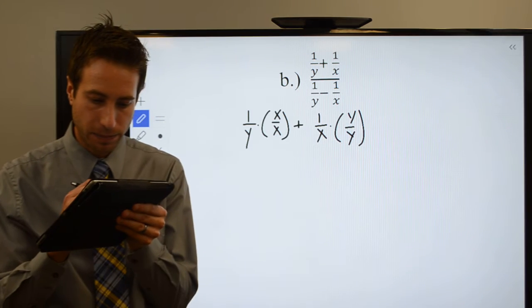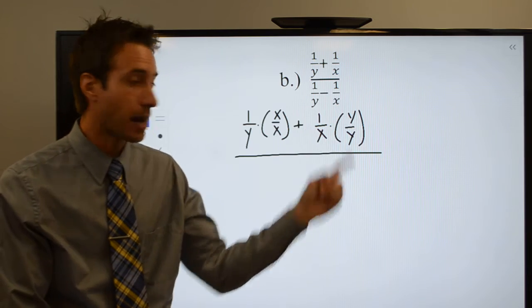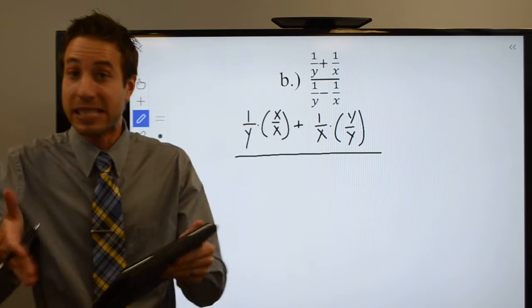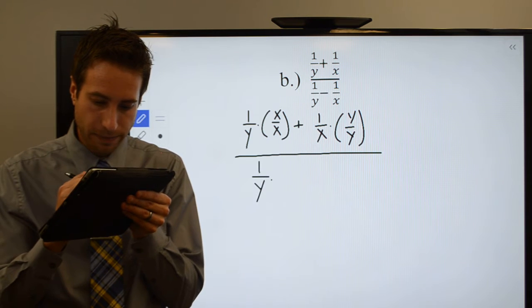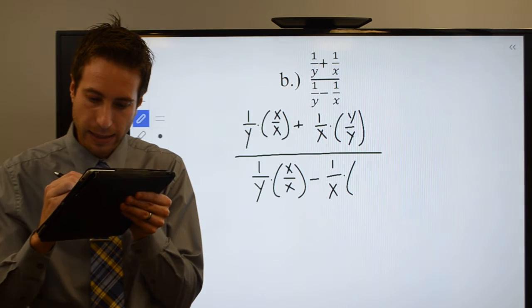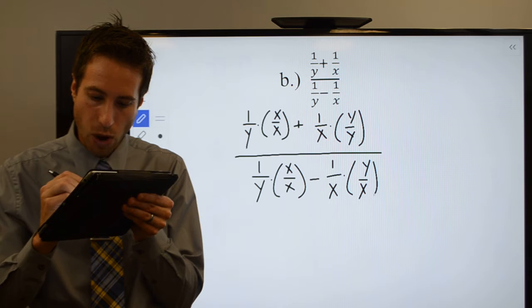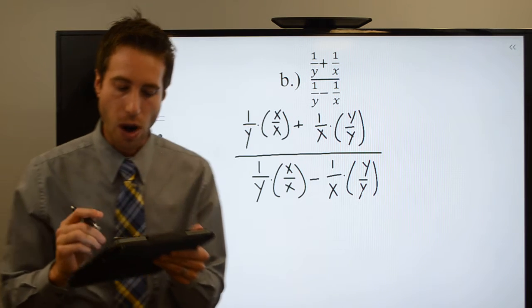In the bottom, same thing. Denominator is y, denominator is x. So my LCM is xy. 1 over y times x over x minus 1 over x times y over, oops, sorry, that kind of looks like an x, y over y.